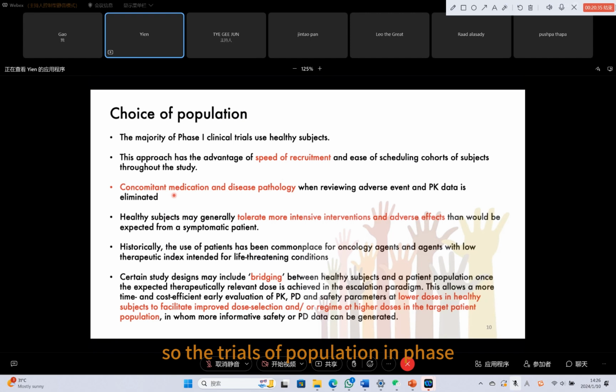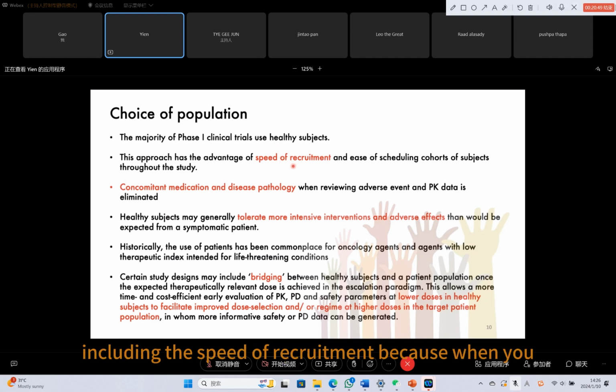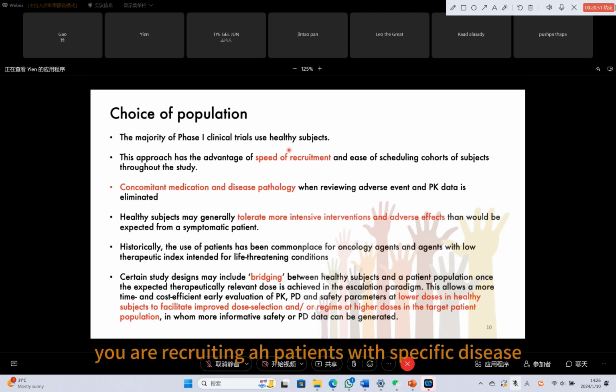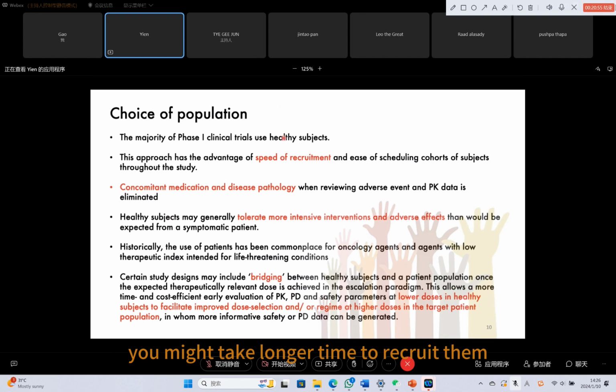For the choice of population in phase 1 clinical trials, most of the studies will rather use healthy subjects, as there are many advantages, including the speed of recruitment, because when you are recruiting patients with a specific disease, you might take a longer time to recruit them.